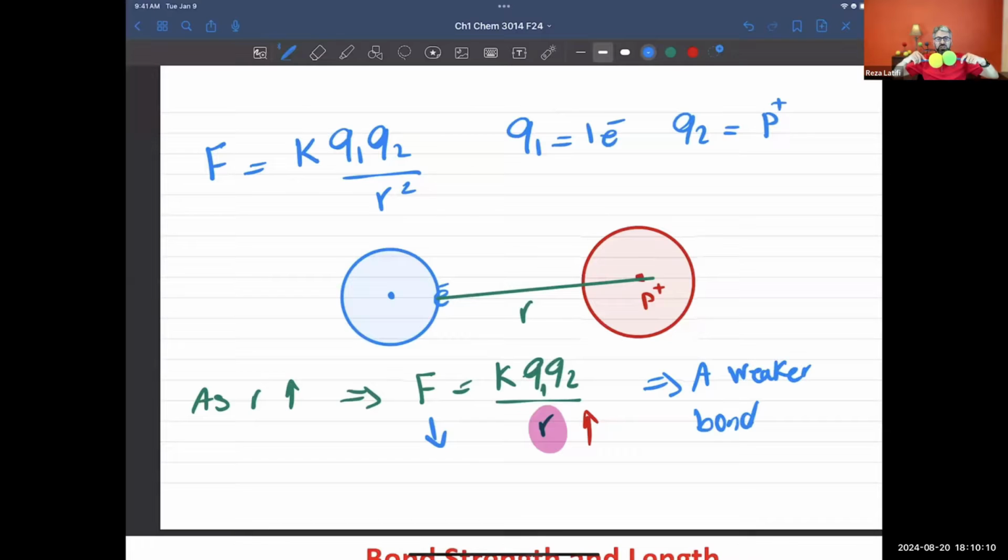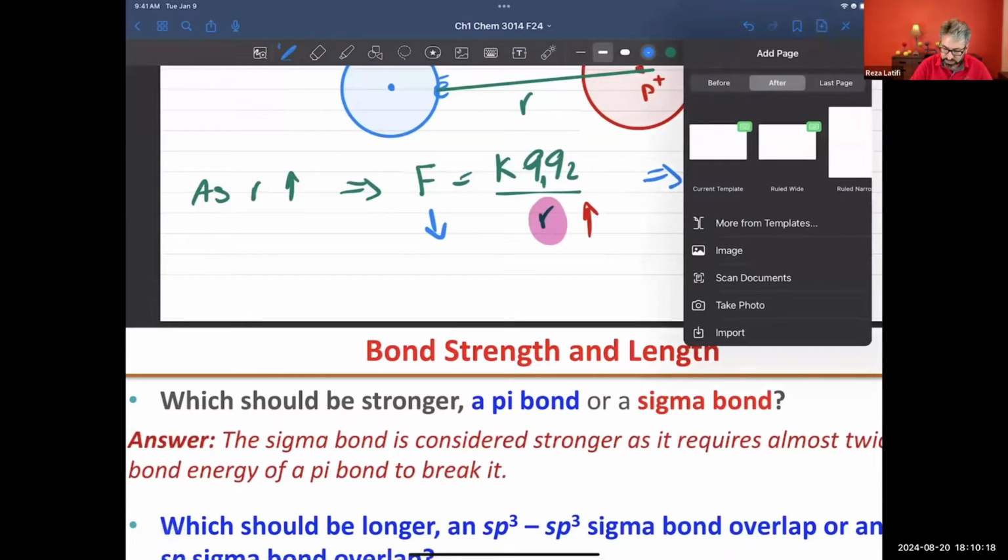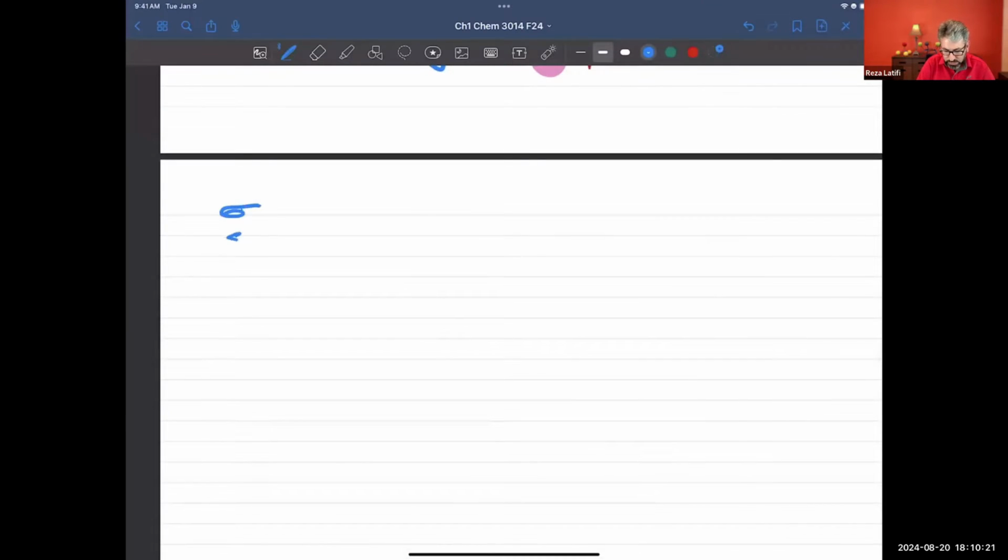Because the distance here is less, force is going to be stronger. So always sigma. I'm saying one sigma bond is stronger than one pi bond. If we compare sigma to pi bond, sigma is always stronger.